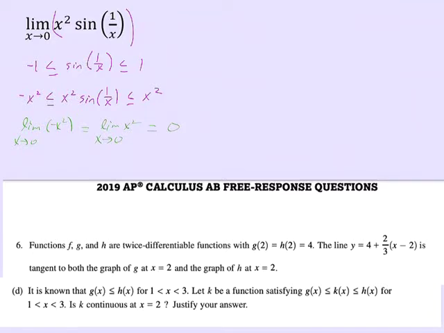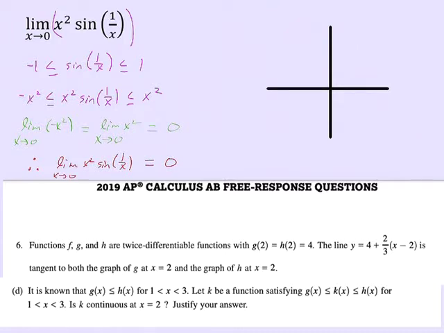So if x squared times the sine of 1 over x has to be in between or equal to -x squared and x squared, and when x is approaching 0, negative x squared and x squared are approaching the same thing, that must mean, therefore, these three dots being a symbol you might have seen before for therefore, the limit of x squared times the sine of 1 over x as x approaches 0 must also equal 0. And that's just the squeeze theorem in action.